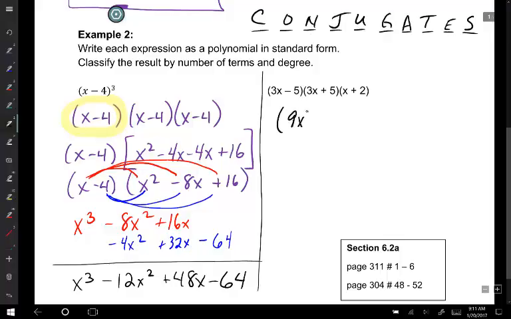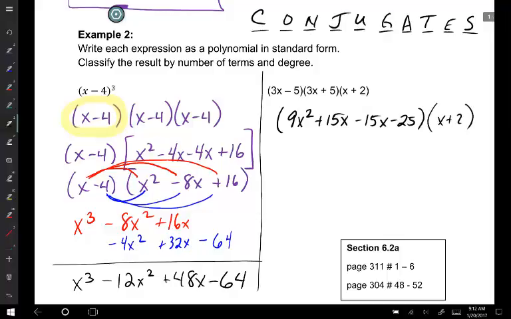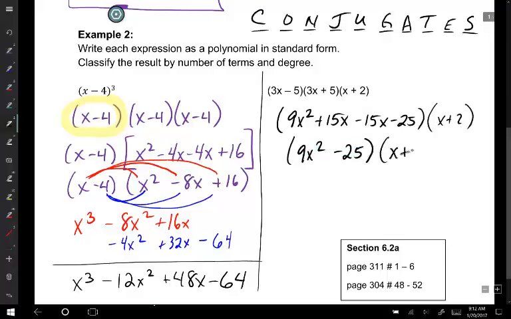And that gives us 9x squared plus 15x minus 15x minus 25. And then you can't forget the x plus 2 at the back. What's nice about conjugates? Yeah, the middle terms cancel out. Good morning, Jack. That gives me 9x squared minus 25 with the x plus 2 at the back end.